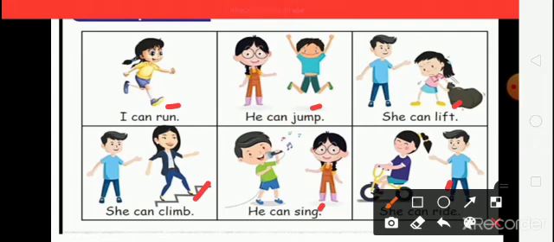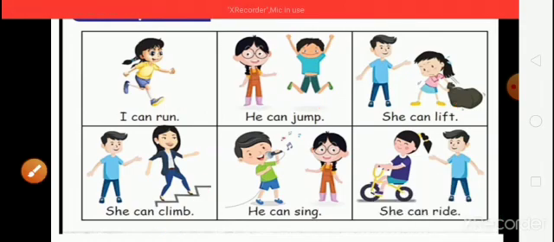What can he do? He can jump. Third one, the girl. She can lift. Next one, the girl. She can climb. Next, the boy. He can sing. Next, the girl. She can ride.